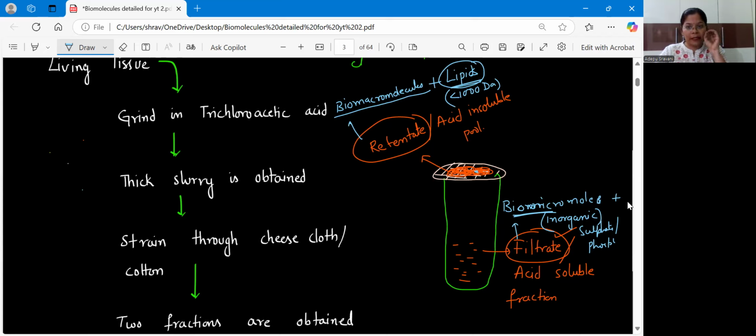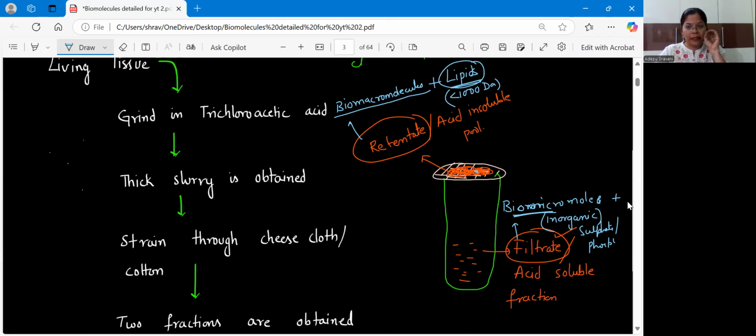That is again very important. Why do lipids come in the retentate even though their weight is less than 1000 daltons?